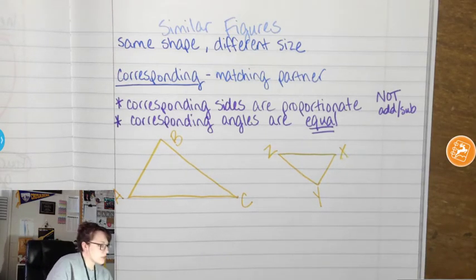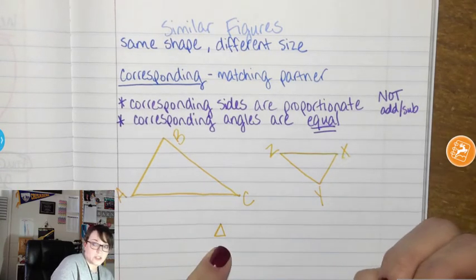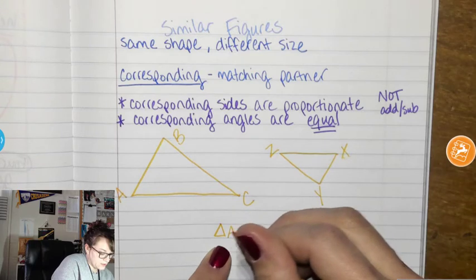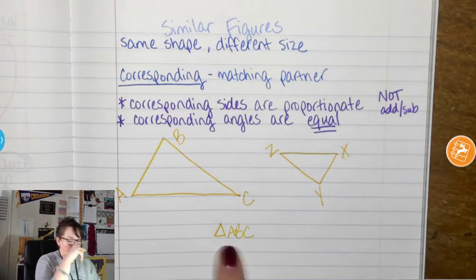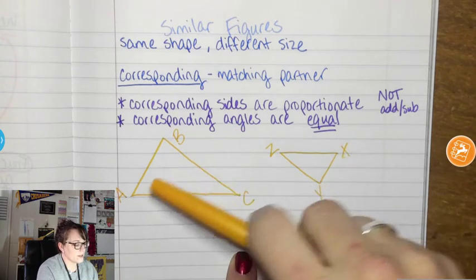And when I talk about these triangles, you draw a triangle. So that's triangle ABC. When you write your triangle, you generally go alphabetical and you follow the line.